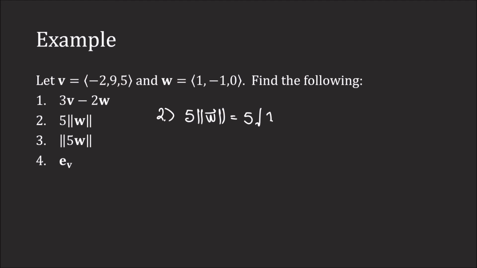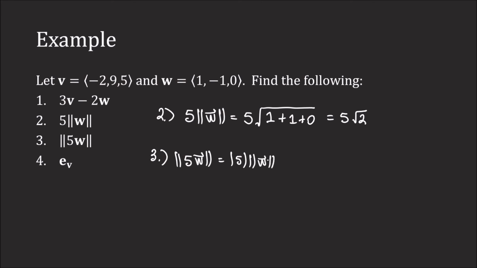So 1 squared plus -1 squared plus 0 squared. So it's just 5 square root of 2. Well, the norm of 5w. By definition of scalar multiplication, the norm of the scalar multiple is the absolute value of the scalar times the norm of the vector. So it's just 5 root 2.